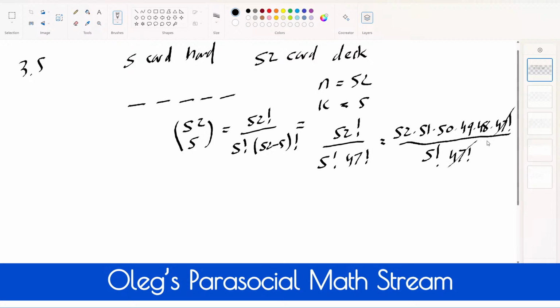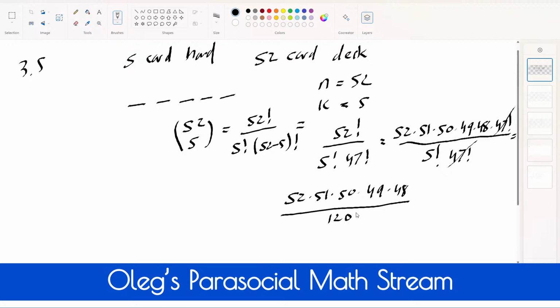Scratch our 47 factorials. Now we have 52 times 51 times 50 times 49 times 48 over 5 factorial. And 5 factorial, I'm just going to give it to you. It's 120.